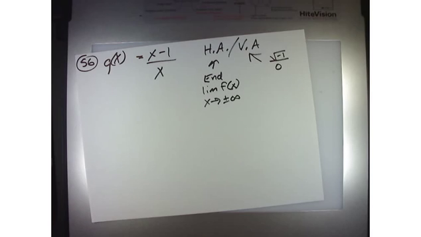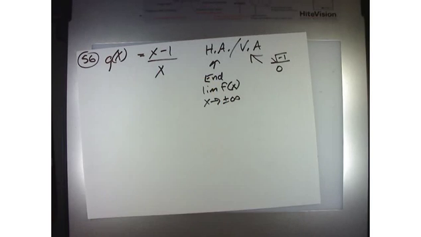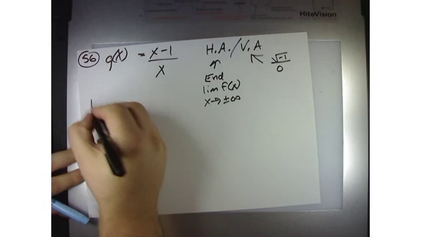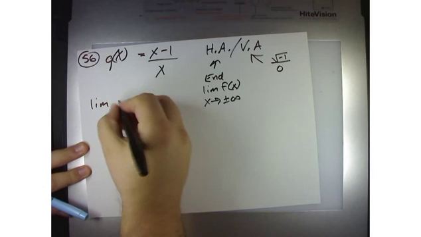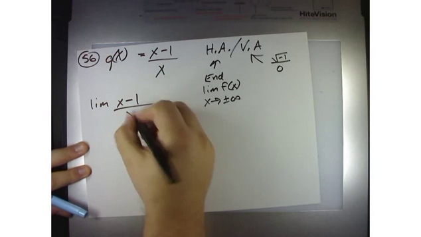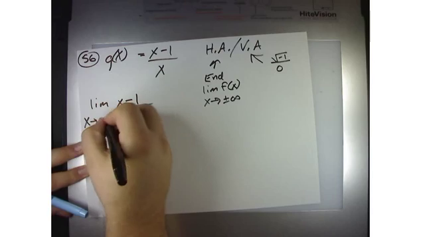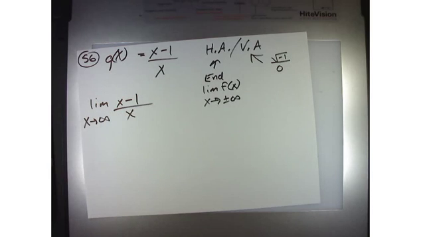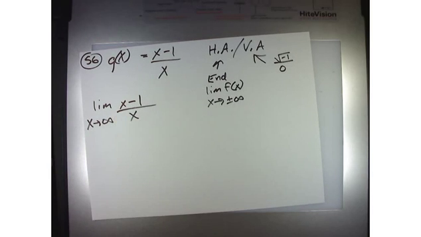The horizontal? Okay, so if I look at this function, let's write this out. Basically what I want to do is take the limit of x minus 1 over x as x approaches infinity. Now what that means is as x increases, what would happen?